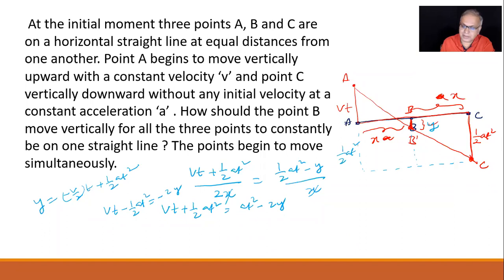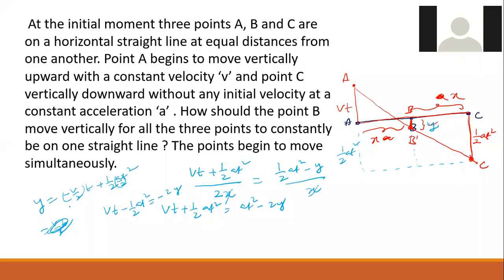This can also be written as v by 2 into t. No need, that's enough. That should be a by 2 above. Or we can write it as t into one more a minus one more v by 2. I'm sorry, this is a by 2.